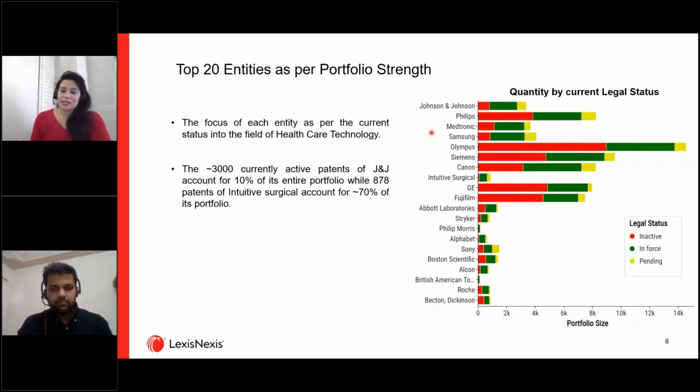It does have a substantial proportion of patents that it has enforced, and it has a future because it has pending applications here. Olympus, either it has been there for long, more than 20 years, and the patents have expired, or it has filed patents that it could not maintain, could not get granted, but the proportion of inactive here is substantial compared to the ones that are active.